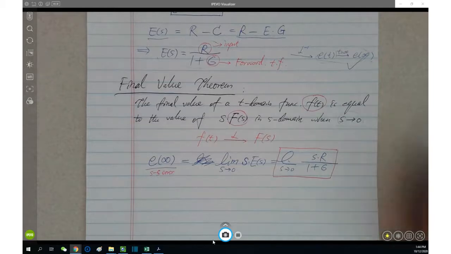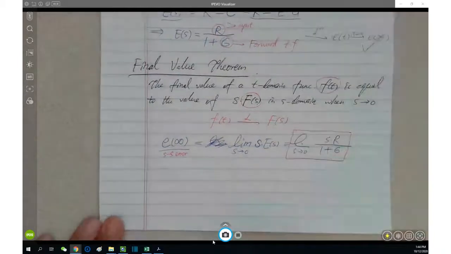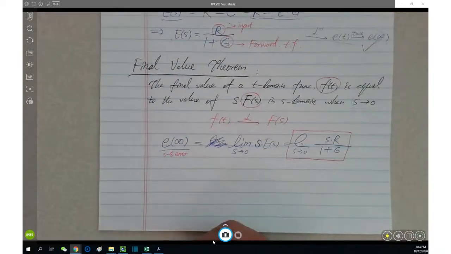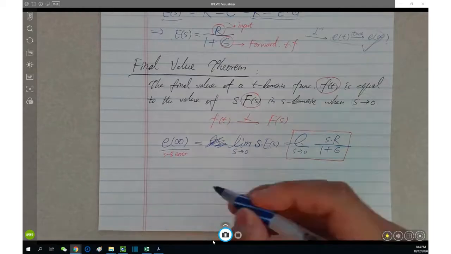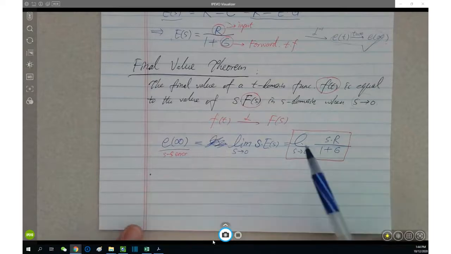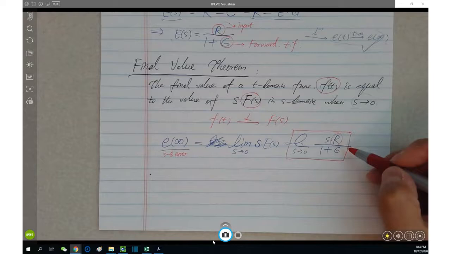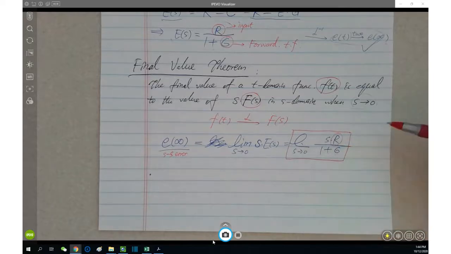If you see how to use it, we move on to the next. Once again, never forget a steady state error is obviously input dependent, right? It makes perfect sense. Your steady state error calculation formula is in terms of R, the input, and the forward transfer function G. Perfect sense.